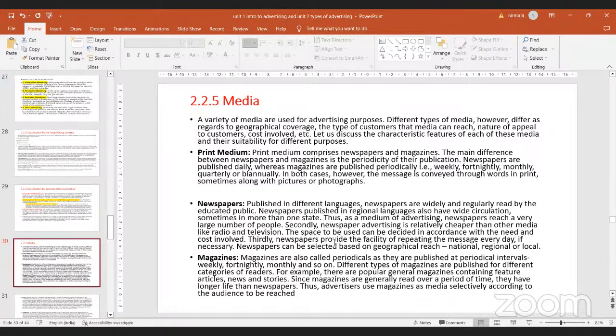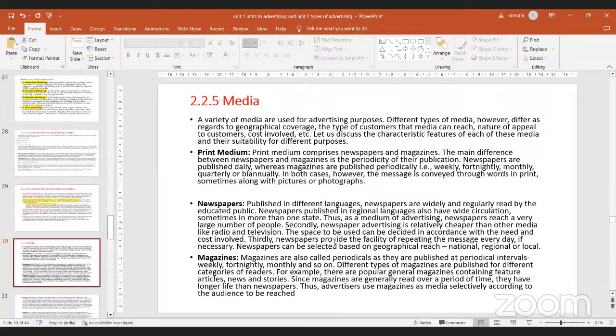So financial advertising is most of the time done in the financial newspapers, based on the consumers it is going to reach. And the general kind of advertising is done in all the newspapers. Even you have specialized magazines which sell particular products and services targeting different sections of people.